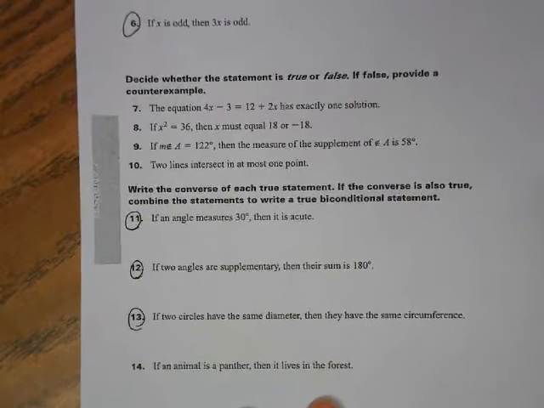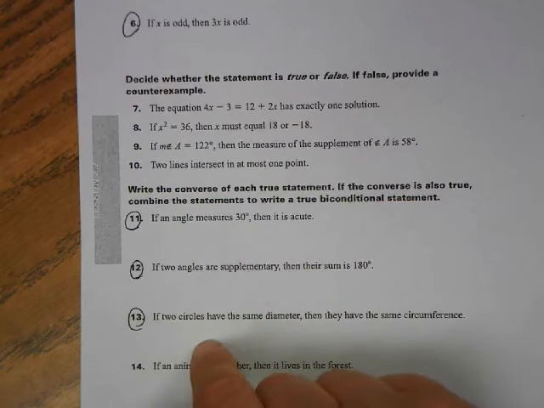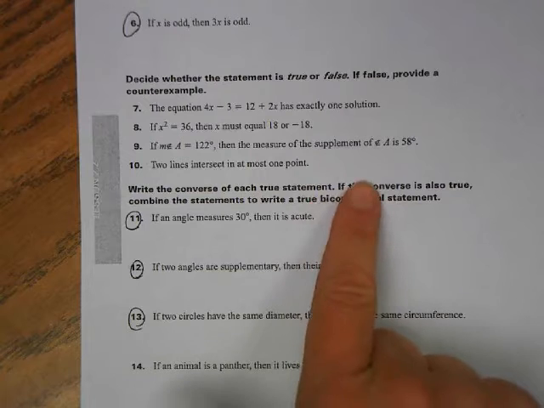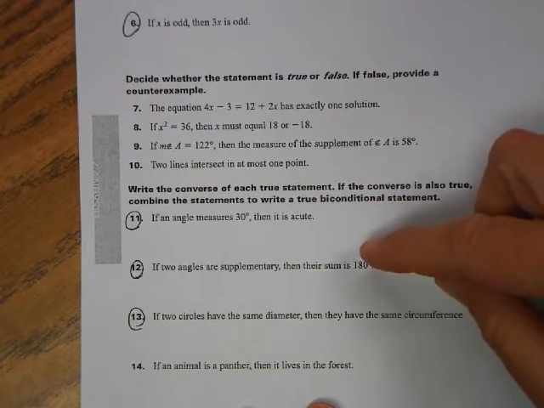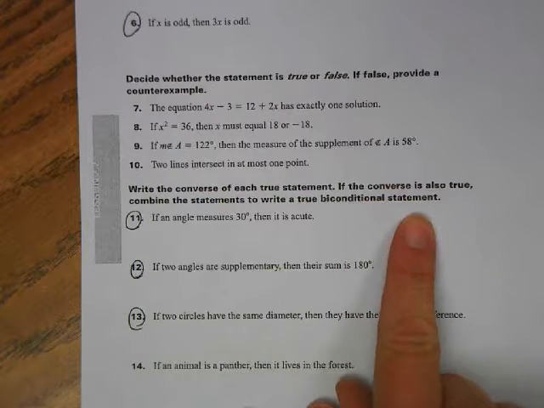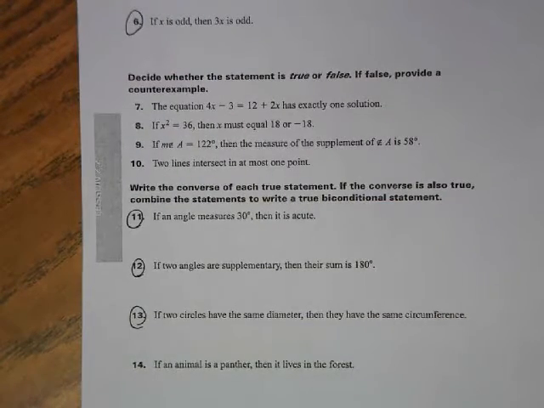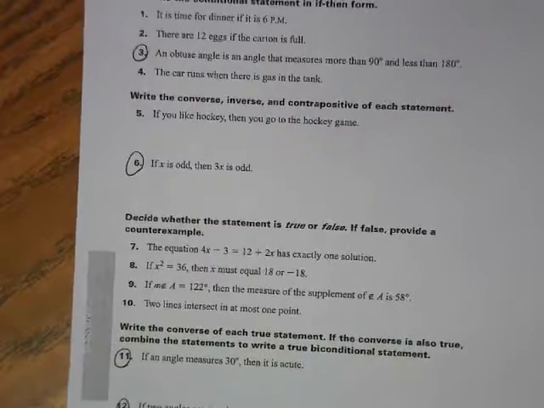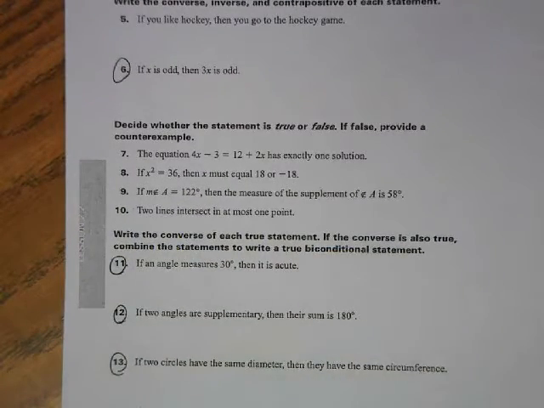And then 11, 12, and 13, you're going to write the converse of the conditional statement and decide whether they are true or false. Now remember, if both the conditional and its converse are true, then you're going to write the biconditional statement. If they're not both true, then you're not going to write the biconditional statement. All right, so make sure you're doing this on a separate sheet of paper because there is most likely not enough room for you to squeeze everything in unless you're writing really, really tiny.